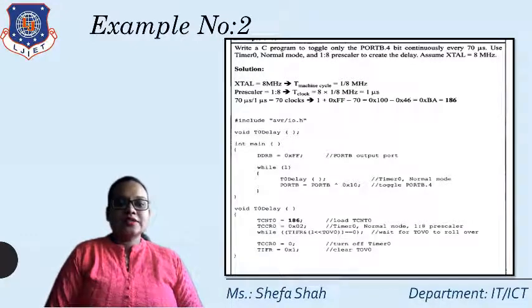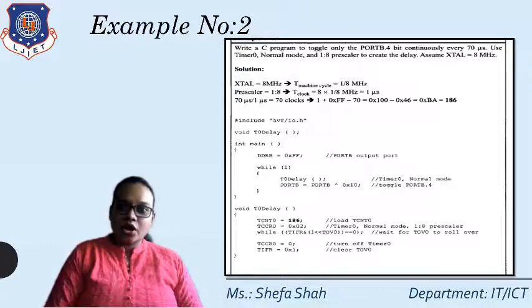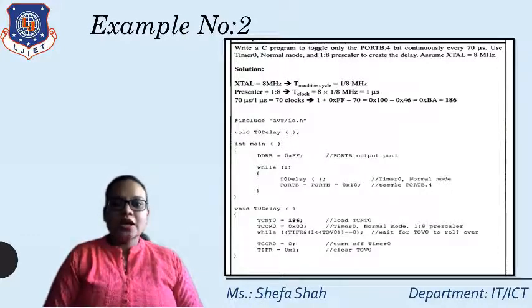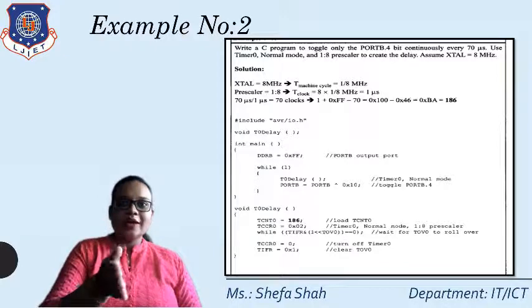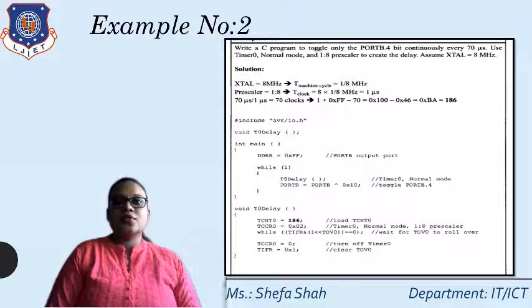As you can see, in the main function we need to toggle only the port B 4th bit. Here DDRB is equal to 0xFF, which means port B is the output port. Whatever bit we need to toggle, that particular bit is XORed with 1, and the rest of the bits are XORed with 0.